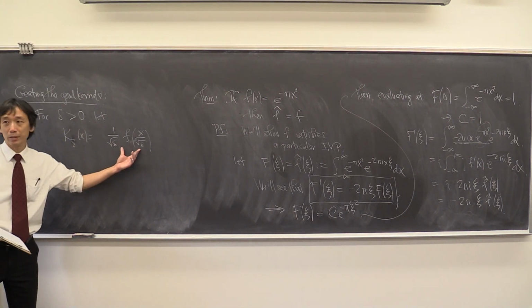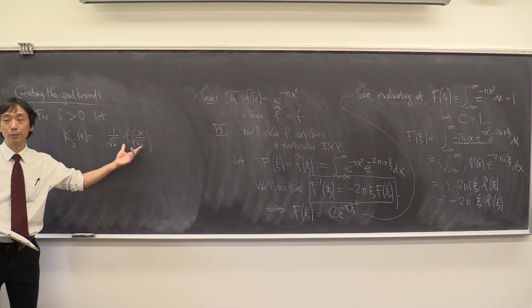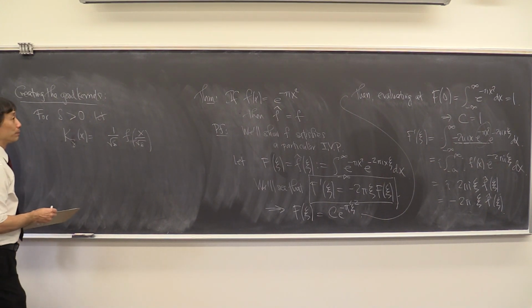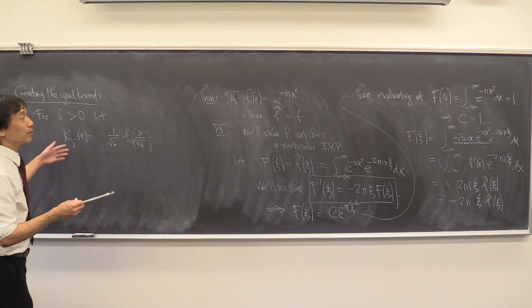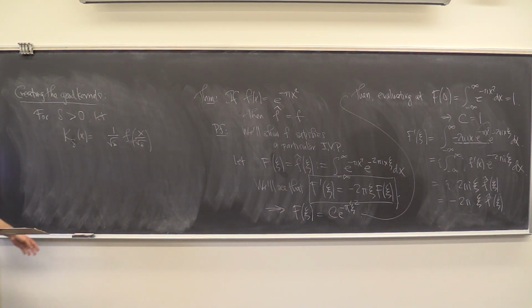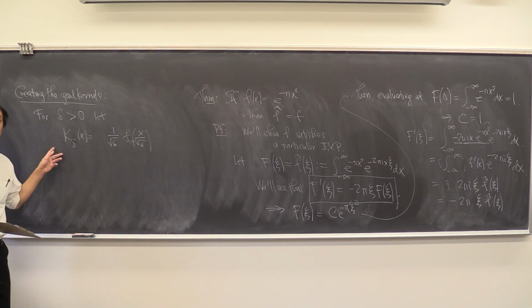Remember, dilation doesn't change the L1 norm, so all these guys have a norm of 1. And they're positive, because the Gaussian was positive. So we already know that the first 2 properties of the good kernel are satisfied.